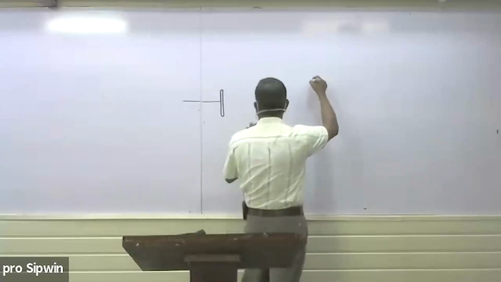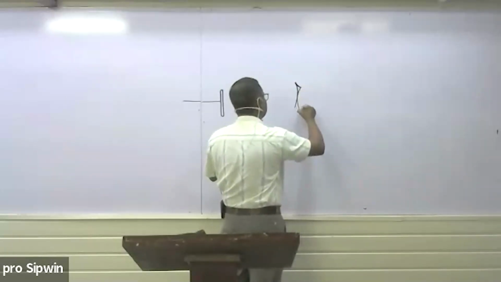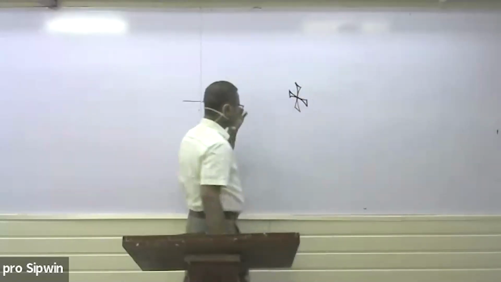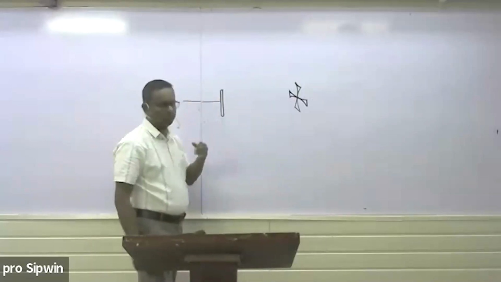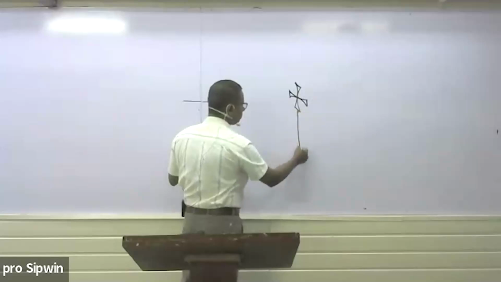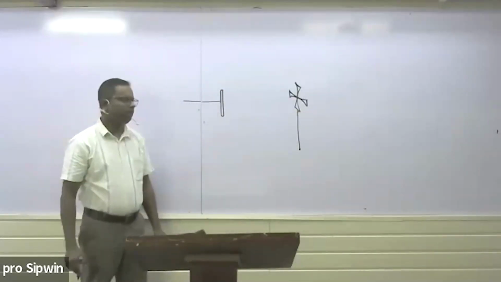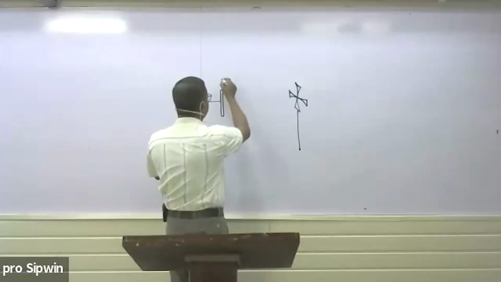Cross-shaped anode like this way. Terminal of that one. Then the cathode ray tube, I will take it like this way.